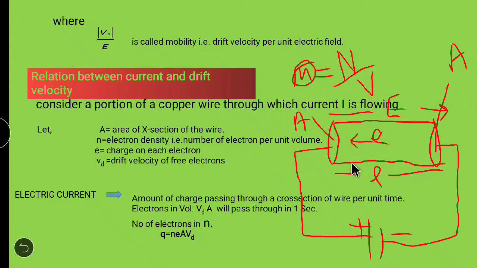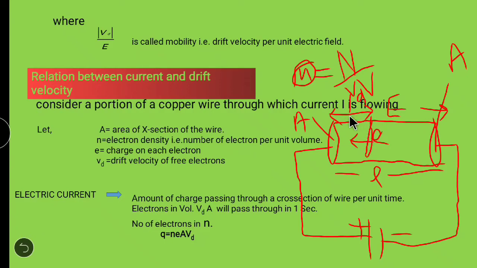So in 1 second it will travel a distance equal to its velocity Vd. This distance is Vd.